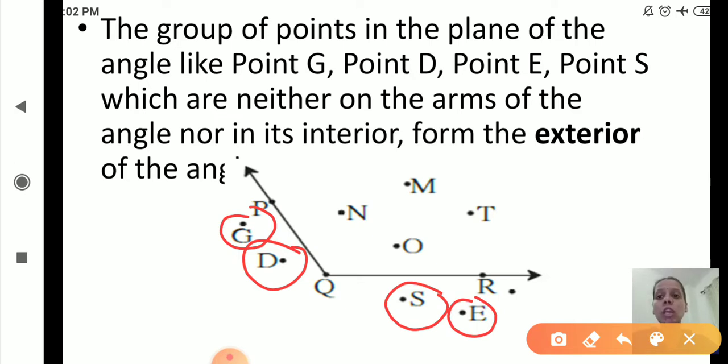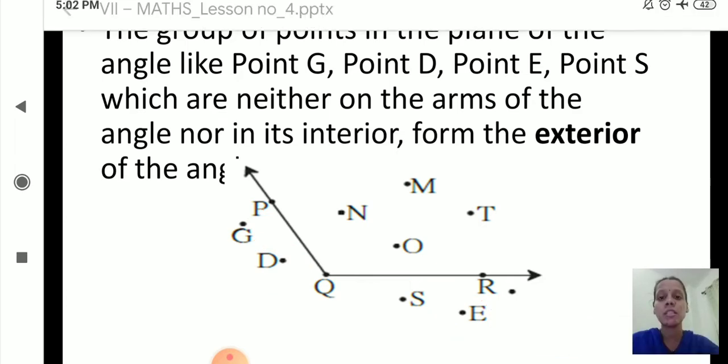They form the exterior of the angle. Which are the exterior points here? Point G, point D, point S and point E are the exterior points. And which points are on the arms of an angle? Point P, point Q and point R. They are on the arms of an angle. I hope you are clear with exterior and interior points.